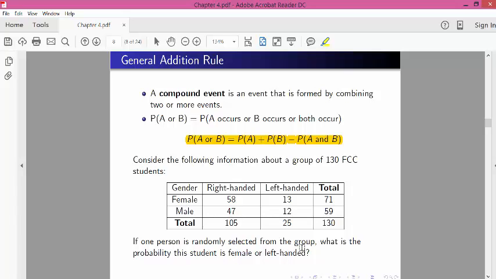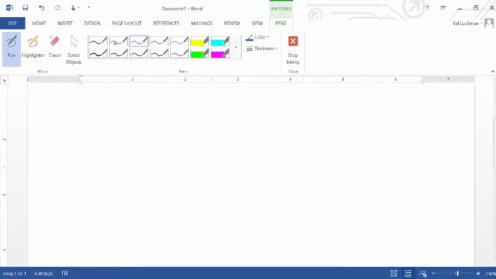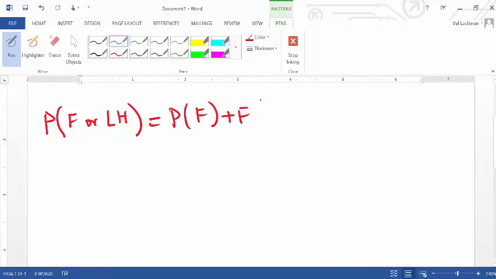Okay, so let's write it out and see what it looks like. Female or left-handed, probability that it's female or left-handed. Well, let's see. This is probability that it's female plus probability left-handed minus the probability that it's female and left-handed.